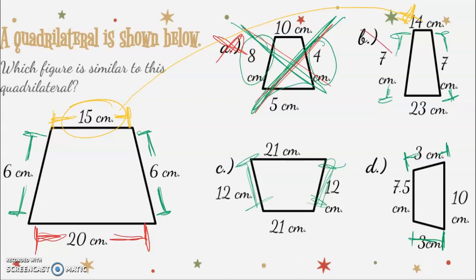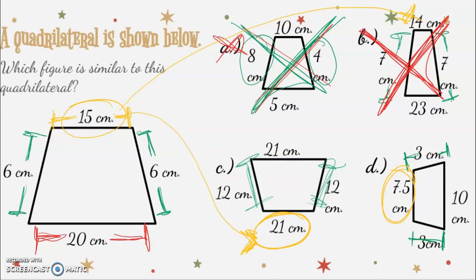So B is not my option. Now it's left to C and D. Since C is upside down, this 21 is what I'm going to look at, and this 7.5 for D, since it's sideways. So this 21, can 15 go into 21? No, not at all. 15 times 2 is 30, so that's not an option either.